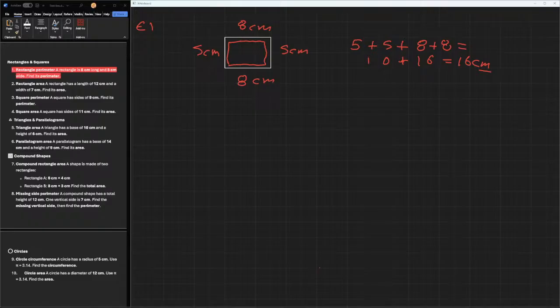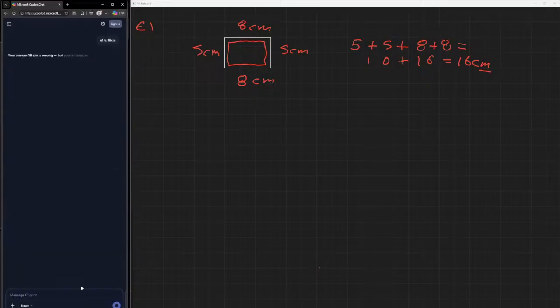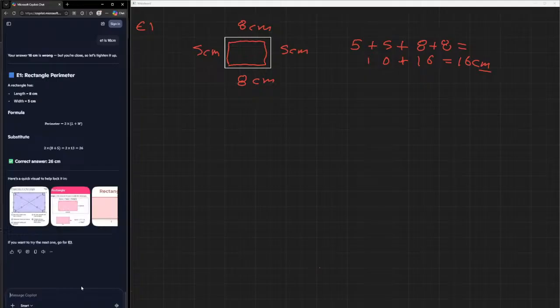Let's go ahead and check it to see if we are correct. 5 plus 5, 10. We're looking for the perimeter. You're wrong.